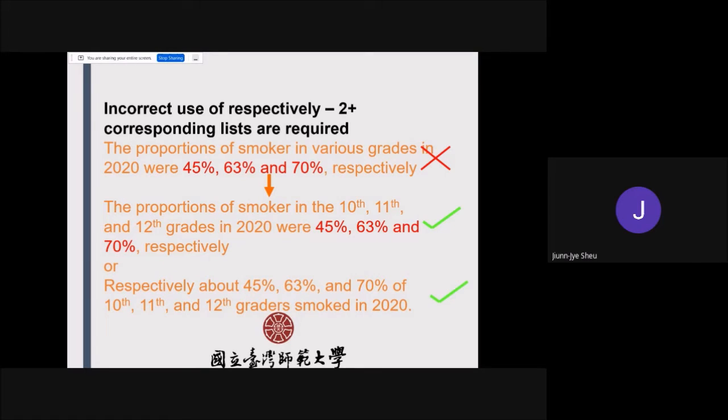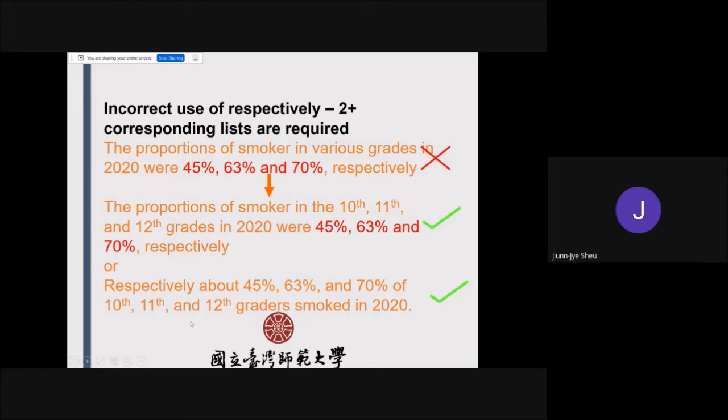So the correct sentence would be the proportion of smokers in the 10th, 11th, and 12th grades in 2020 were 45%, 63%, and 70% respectively. When you have the numbers followed by respectively, you want to clearly state how they match with the actual person, actual group that your number corresponds to.